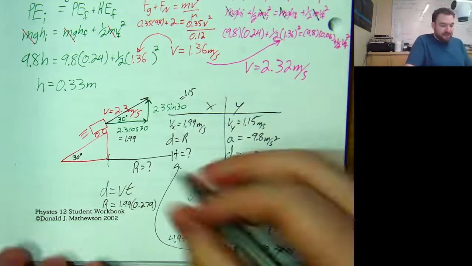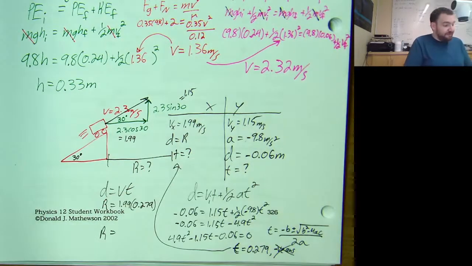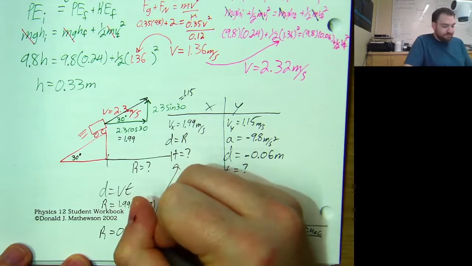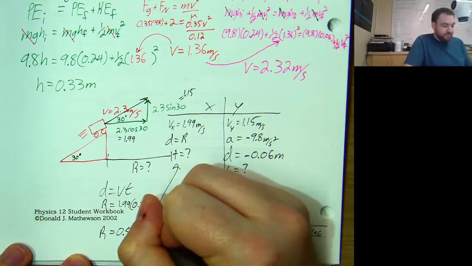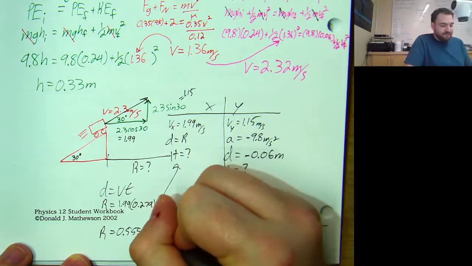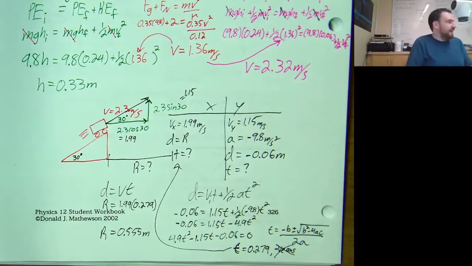We get a horizontal range of how far? 0.555. What's the fourth digit? 2. Okay, so 0.555 meters, 55.5 centimeters. So half a meter, more or less. Well, we got that already, but just a little over half a meter.